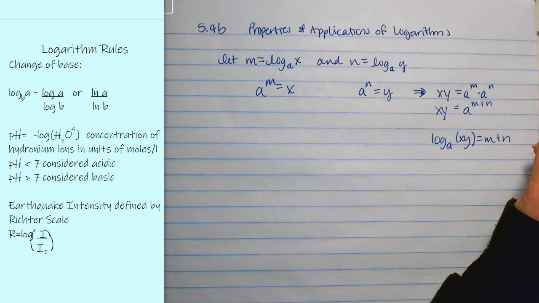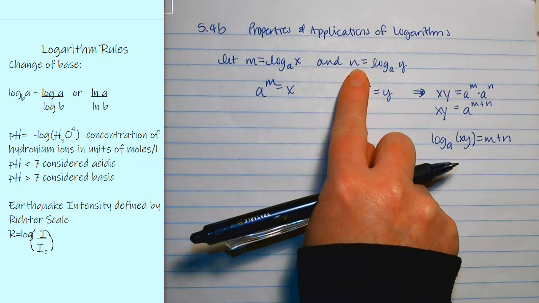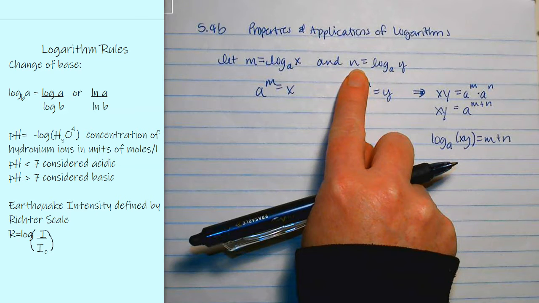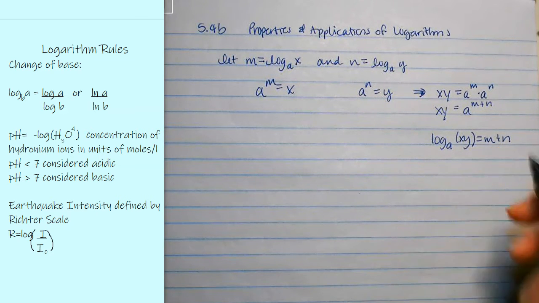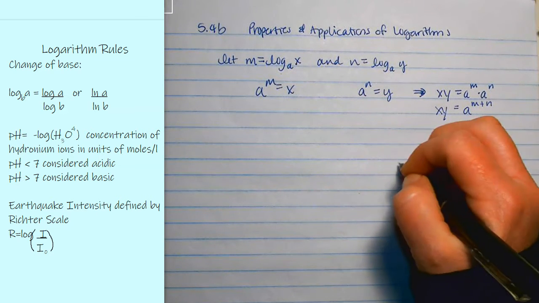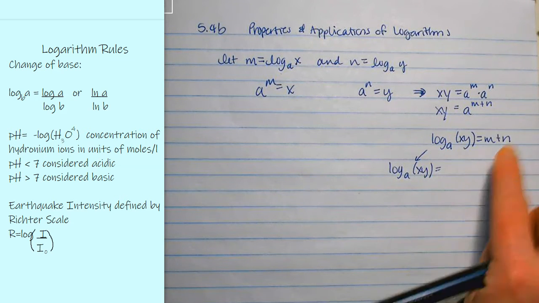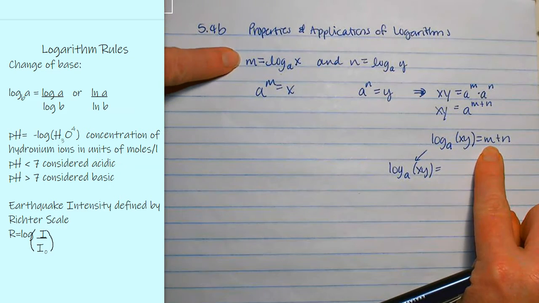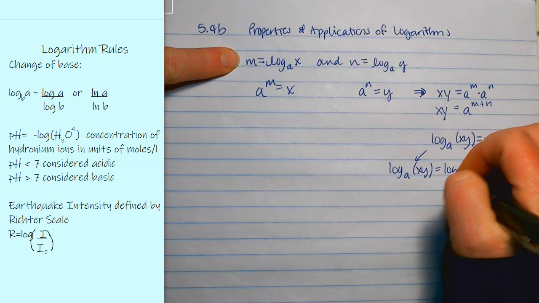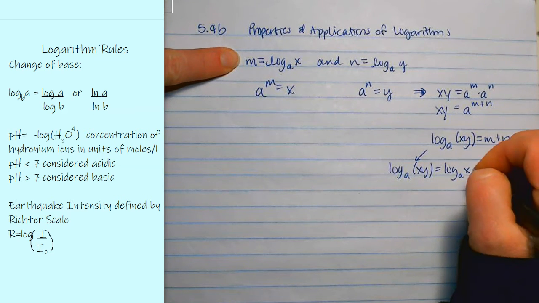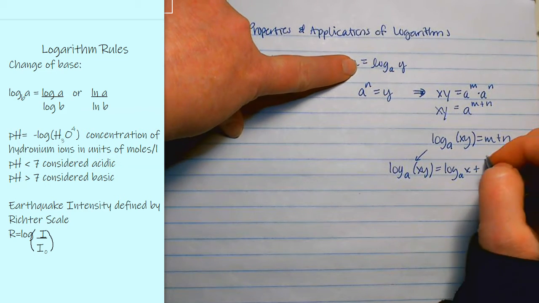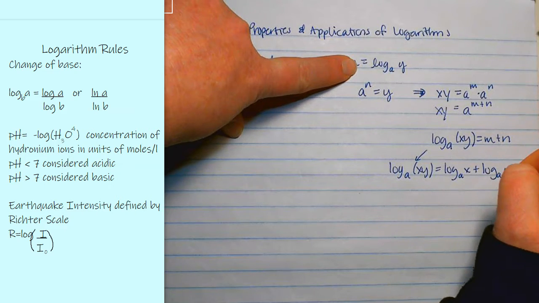Referring back to the definition of m and n, here's m and n. If we rewrite this part, let's keep the left-hand side, log base a of xy, and instead of writing m, let's write what m is equal to, log base a of x, plus what n is equal to, log base a of y.